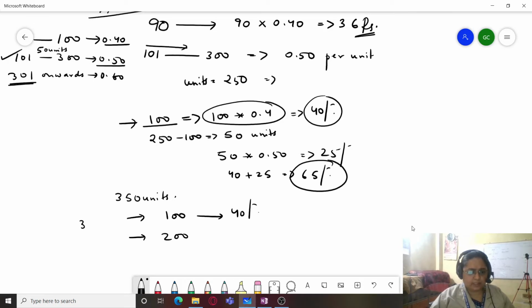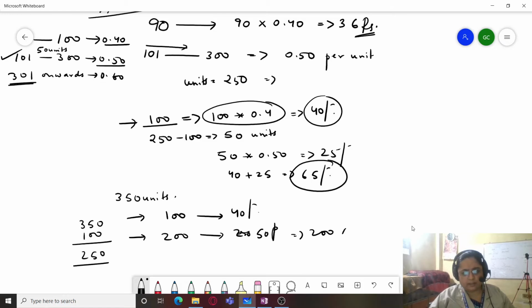So you will deduct the first 100 units from 350, which will give you 250. And now for the next 200 units, you will be charged 50 paise, which will be 200 multiplied by 0.5. And hence you will be getting 100 rupees. You will have to pay 100 rupees.